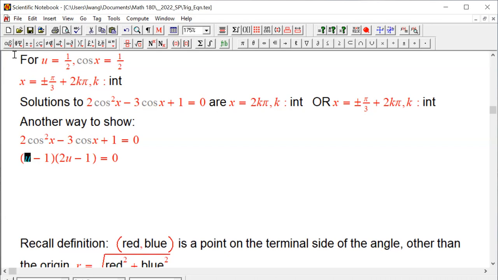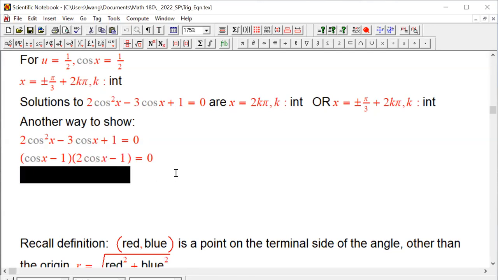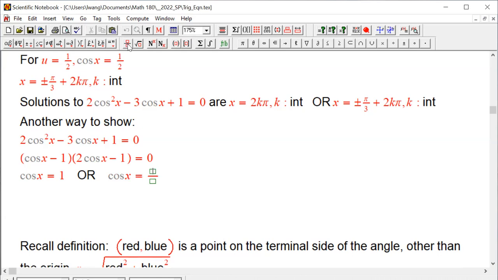So this is your cosine, and this is 2 times cosine, right? Then you get two solutions. So the work you show on the paper is much shorter. But it doesn't mean you skip it. You do the rest of your work on the scratch paper, okay?